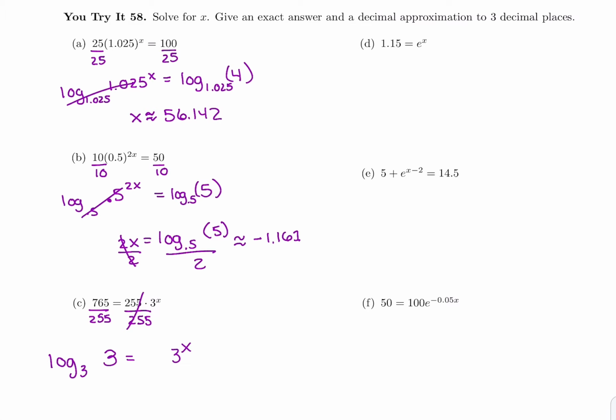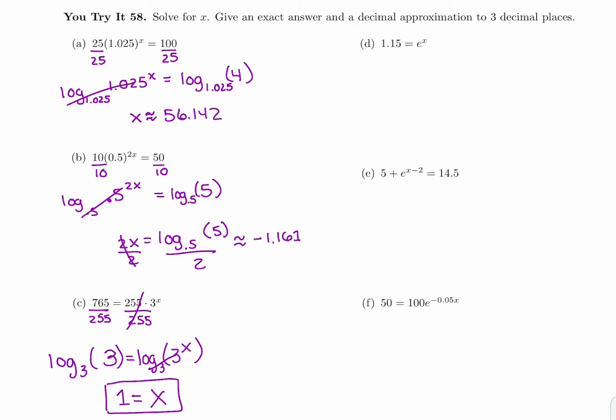So log base 3 of 3 equals log base 3 of 3 to the x. And so 3 and log base 3 cancel, and I'm left with just x equals log base 3 of 3, which is 1. Log base 3 of 3 is 1. Log with the same base of that number is always 1.